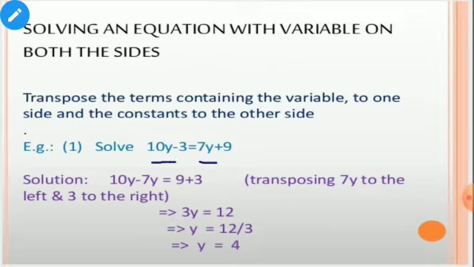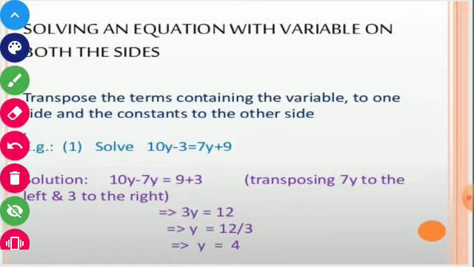So by transposing this 7y to the LHS, as it is plus 7y, it becomes minus 7y. 10y minus 7y is equal to 9, and it was minus 3, so when it comes to this side, it becomes plus 3. So 10y minus 7y gives you 3y, and 9 plus 3 gives you 12. Next, transposing, y is equal to 12 divided by 3, which gives you 4. That is your answer.